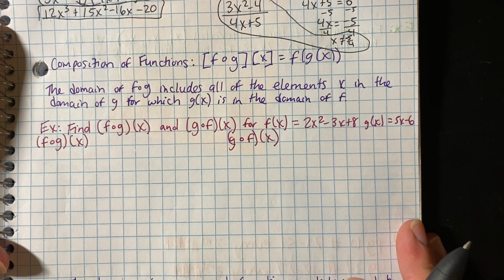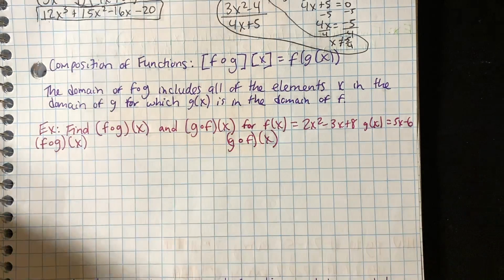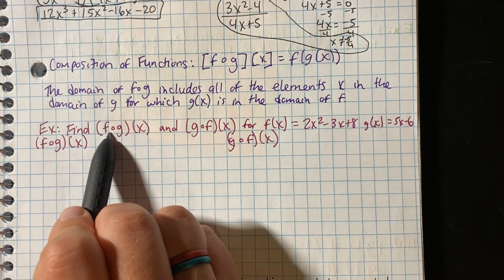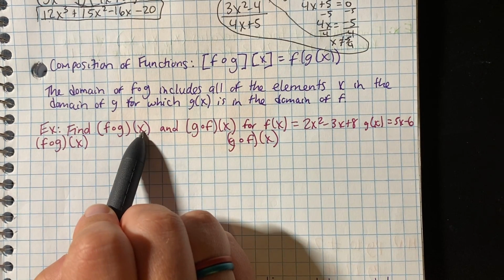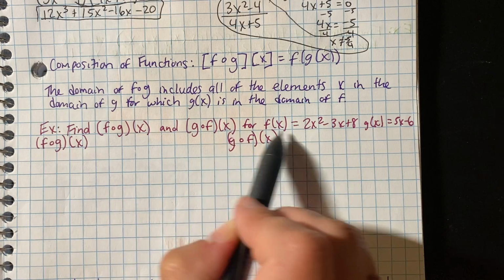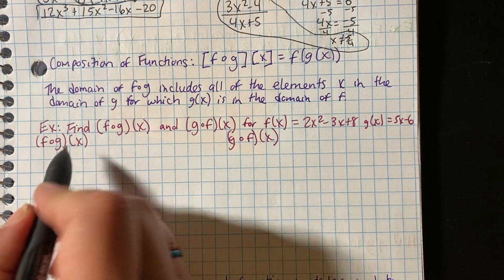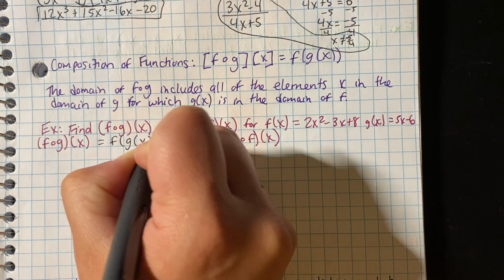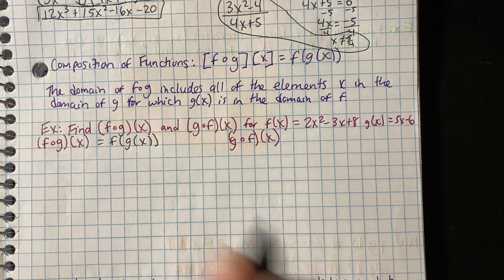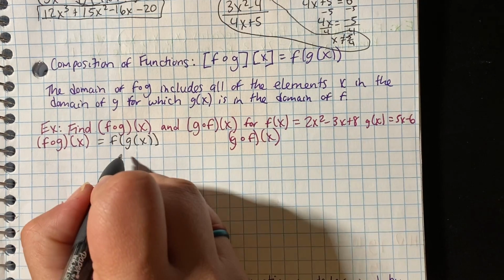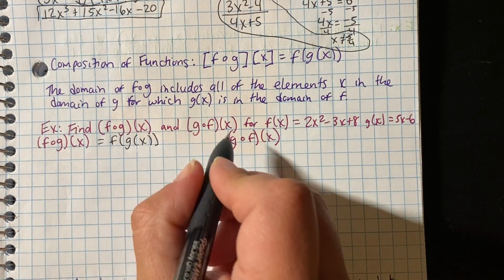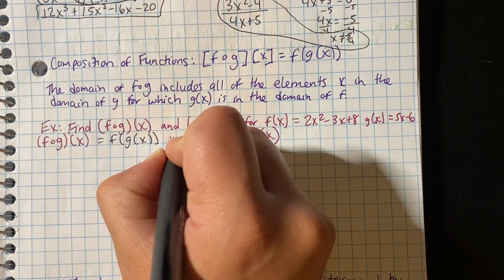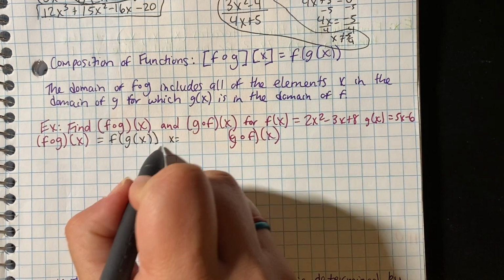Scoot my stuff up. Okay. So find this and find this. Here are my two equations. So this is the same as saying f of g of x. So what we're saying is that in the f, the x is going to equal whatever g of x is.